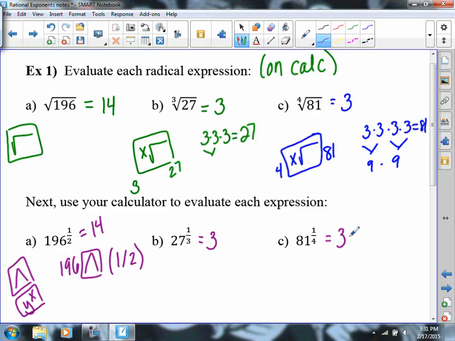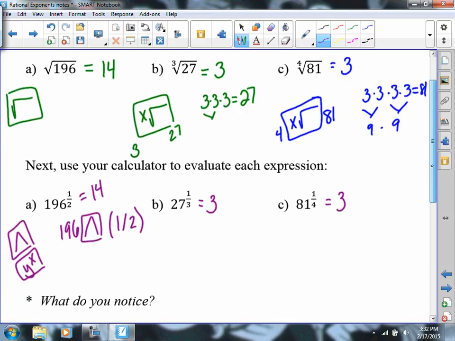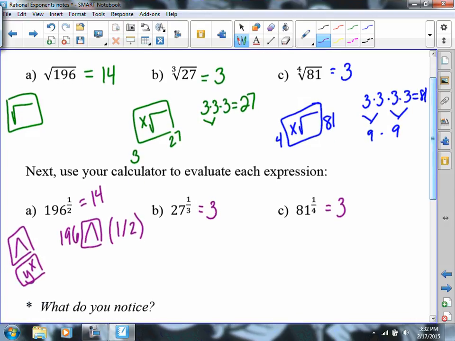So again, if you have questions about how to type that into your calculator to get the right answer, we can address that in class. But the connection I want you to see right here, what do you notice, is that the square root that we were taking is really our denominator here, 1/2. And the cubed root that we were taking here becomes our denominator here, 1/3.